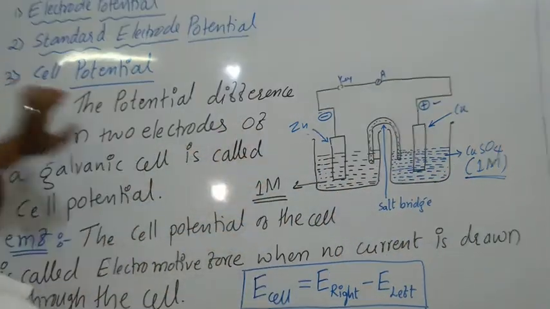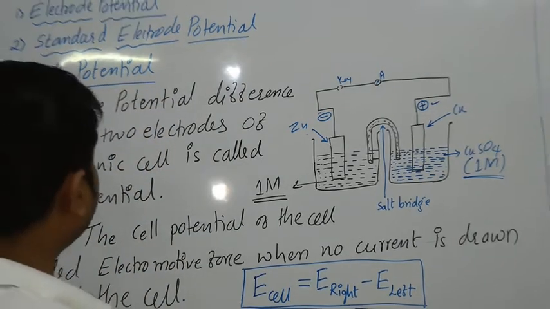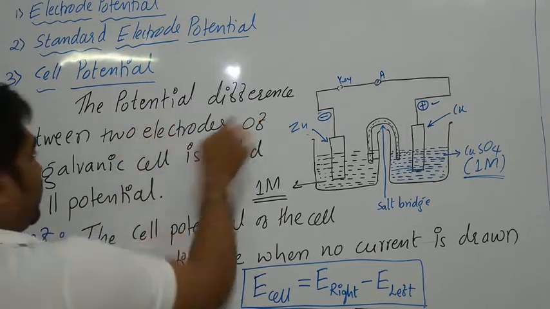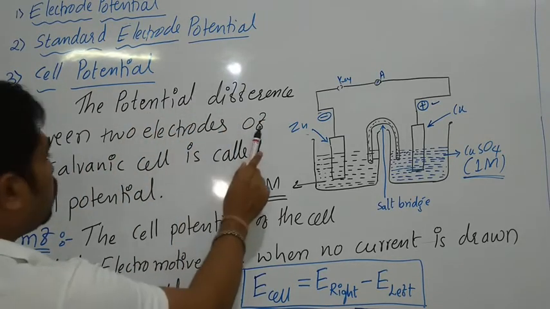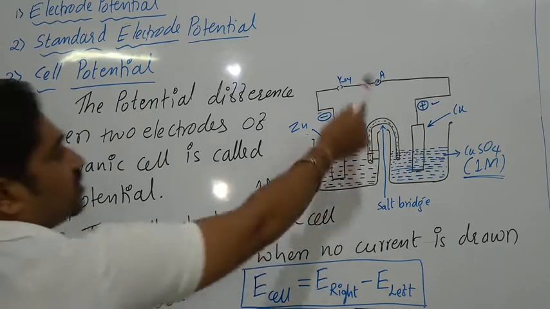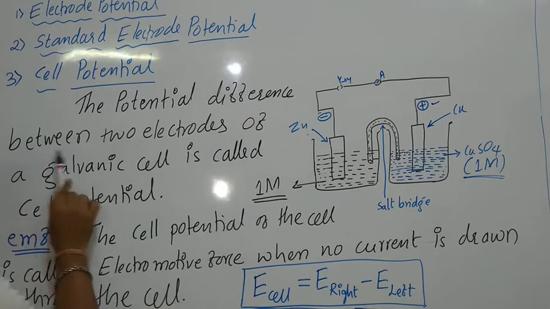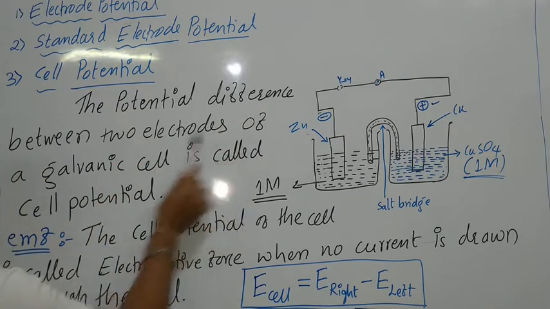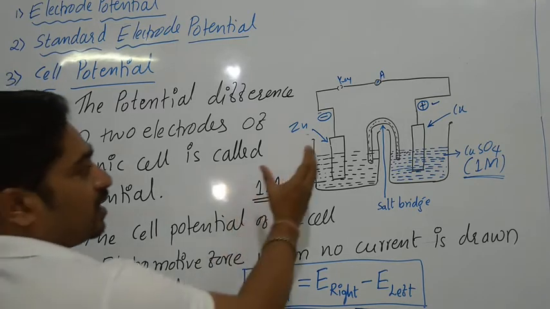So now let us define cell potential. The cell potential is nothing but the potential difference between two electrodes of a galvanic cell. So this is our galvanic cell. The potential difference between the two electrodes of a galvanic cell is called cell potential.